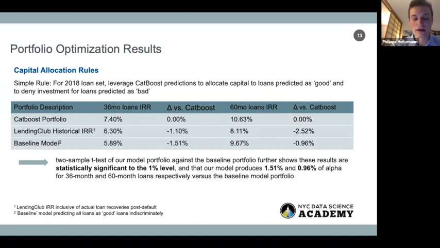I was also curious to compare that to a baseline model, which in this case would just be predicting every single loan is good, which because of the class imbalance is still going to yield some IRR. In this case, you can see about 6% IRR for 36-month loans and 10% IRR for 60-month loans.